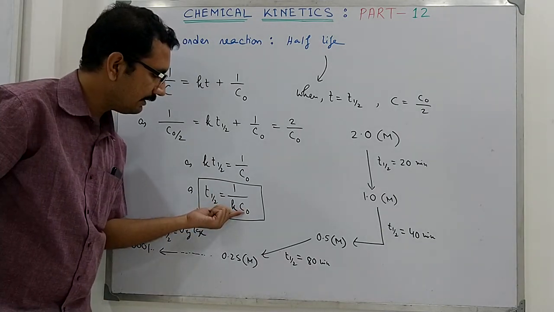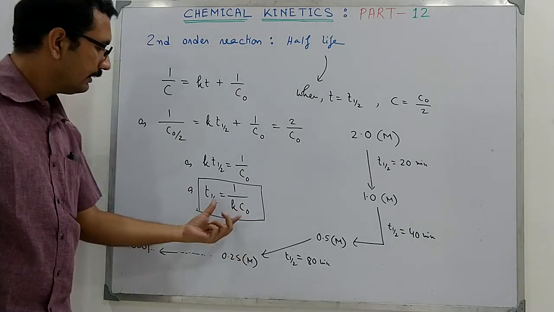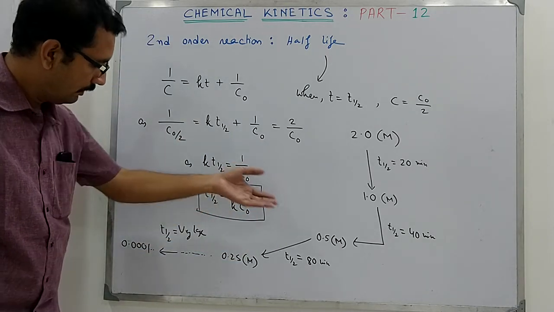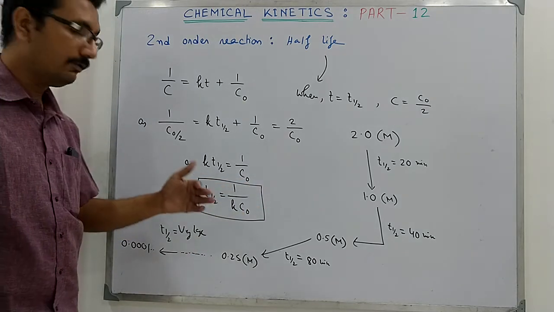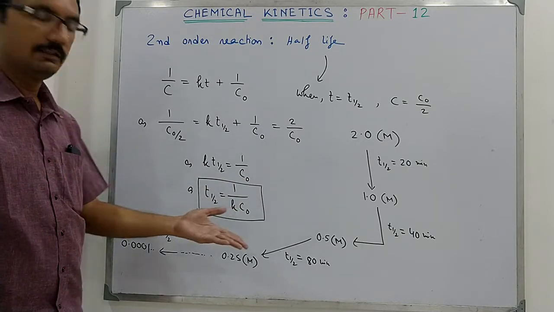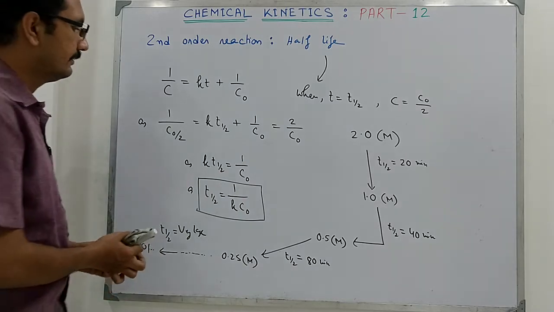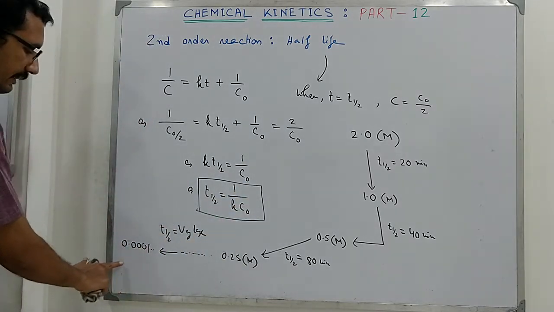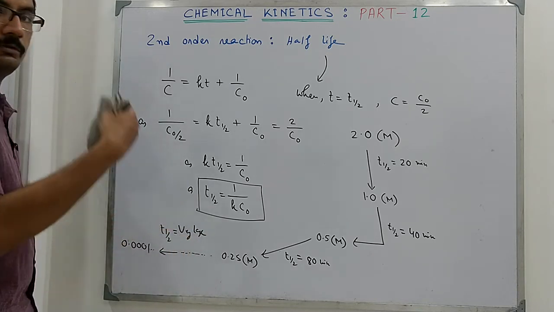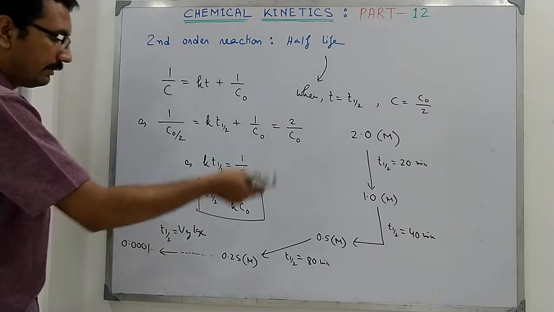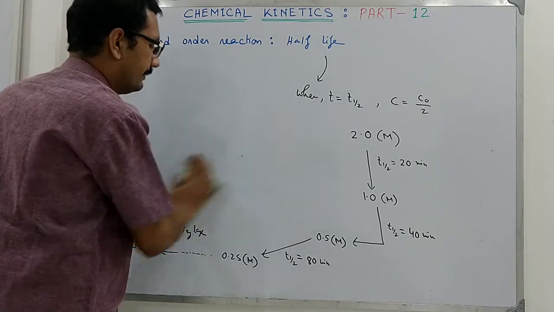So when the concentration left is very small, that is the reaction is almost at the end, the t half is very large. So at the end of the reaction, the time required for 50% completion will increase rapidly. So we can say that it will never come to an end, since as the concentration tends to 0, it will require time tending to infinity to become 50% complete. So what we can say is that this reaction will never complete.